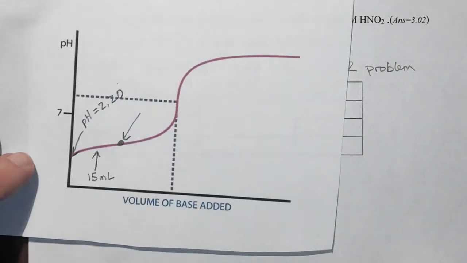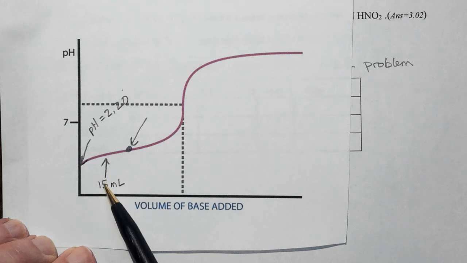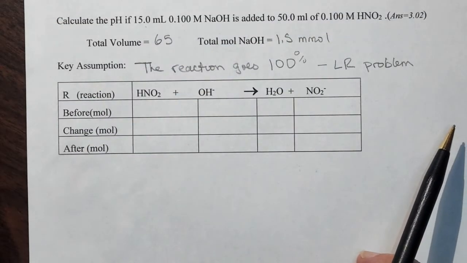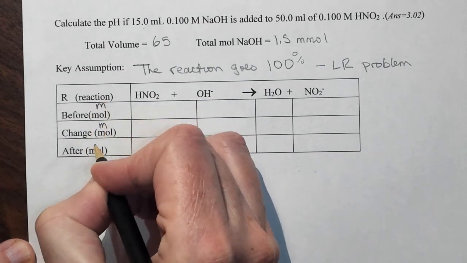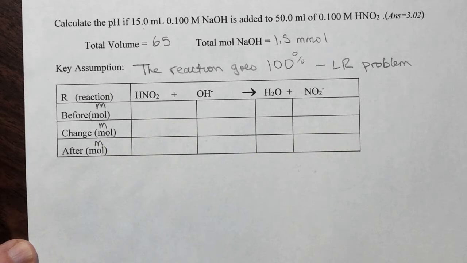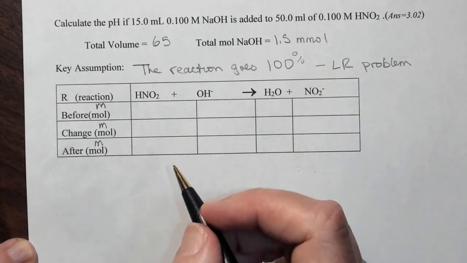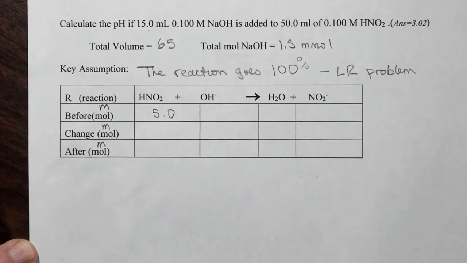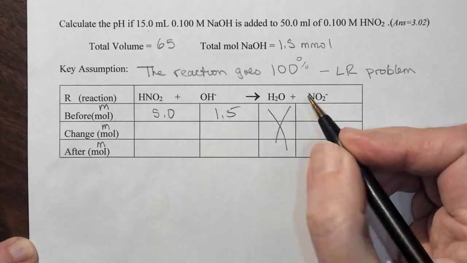So what we're doing is we've established that our initial pH was 2.20. Now we're going to be calculating at 15 mLs. All of our values here, we're going to use millimoles just because it's going to make life easier for us. 50 times 0.1 is 5 millimoles, 5.0. The hydroxide millimoles is 1.5. We don't care about the water.